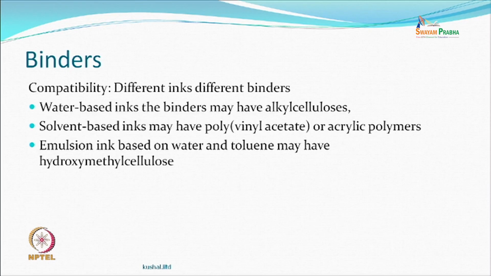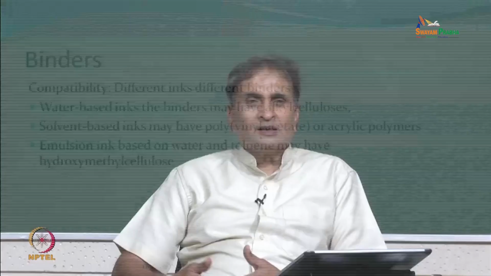The emulsion inks which they use, water and toluene, may have another chemical binder like hydroxymethyl cellulose. So you have something which is compatible with most of them. If you have incompatibility, then there may be precipitation. Whenever you have incompatibilities, you get precipitation. What you need is a nicely dispersed, free-flowing ink.